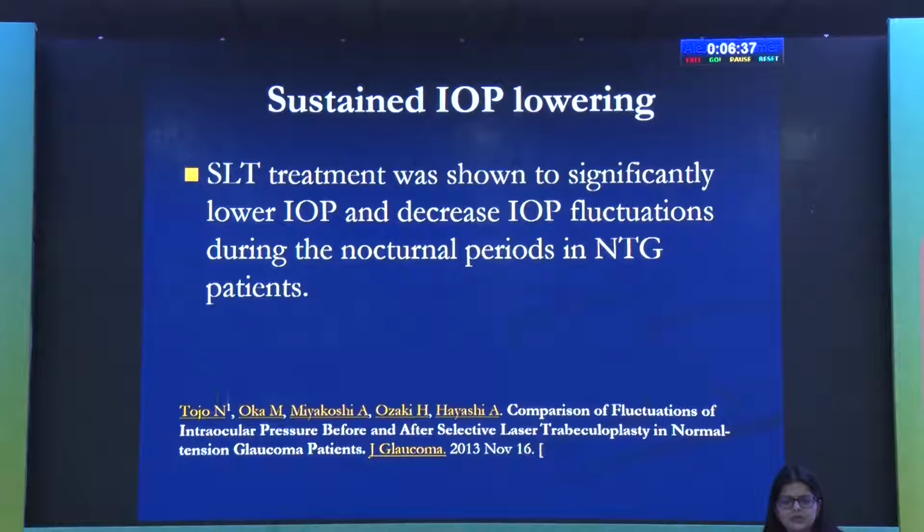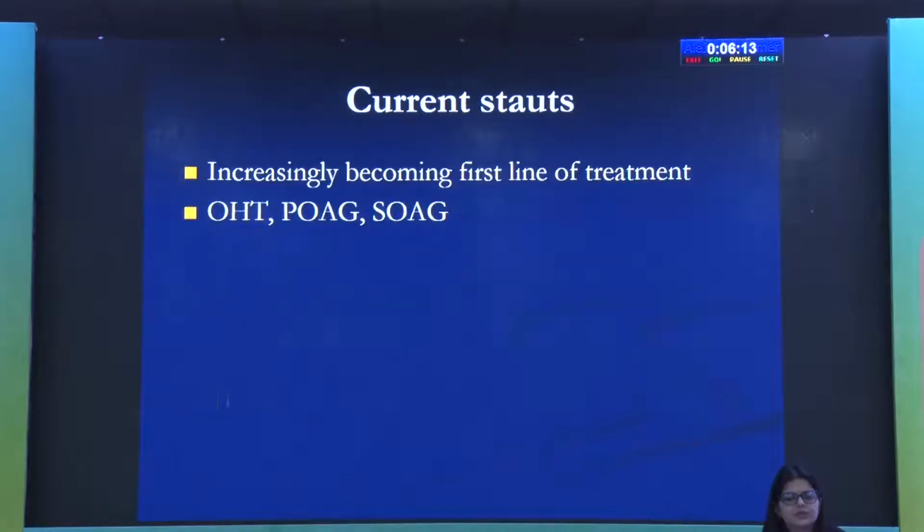Another thing about SLT is that in glaucoma we need sustained IOP lowering. We don't want IOP fluctuations. The problem with medicines is that the IOP can still fluctuate, especially if you miss a drop, which is quite common. SLT has the advantage that it gives you a persistently stable intraocular pressure over a 24 hour period, and in this study it was found to be useful particularly for NTG patients as well.